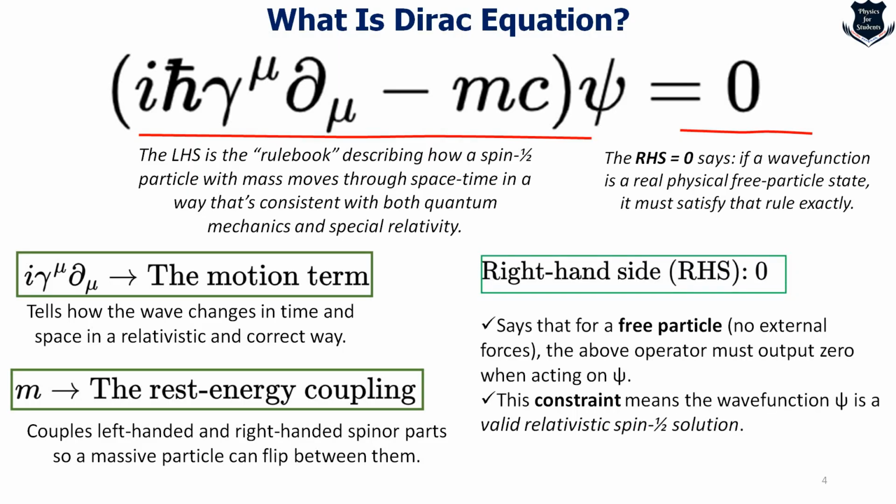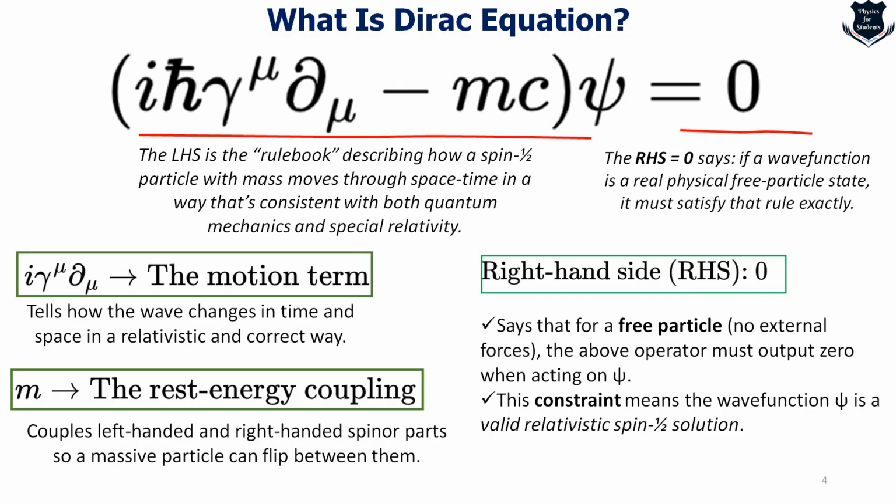So what it says is that for a free particle, where there are no external forces like electromagnetism, the above operator must output 0. The left hand side tells about the nature of the particle, how it moves, how it spins, etc. The right hand side, often 0 in the Dirac equation, tells that all of this happens without any external force acting on the particle.